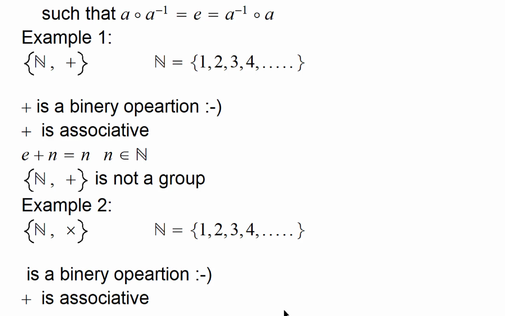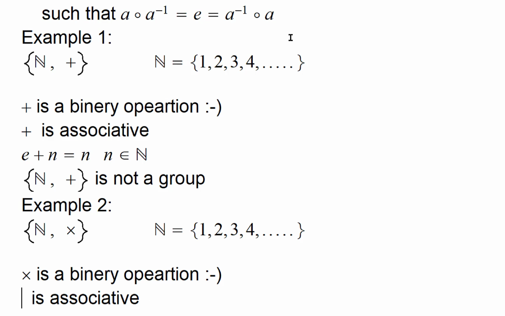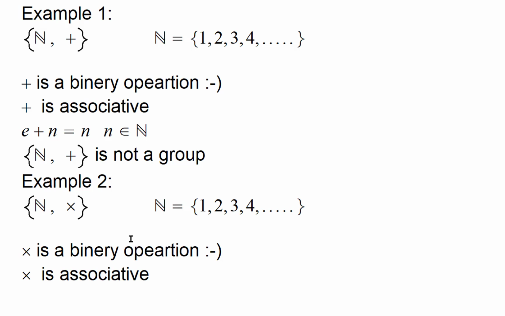So this is a binary operation. This is associative, again being product of numbers. And we have good news here: 1 is in here such that 1 times n equals n times 1, and they are just n. So we have an identity element, right? So 1 is the identity.